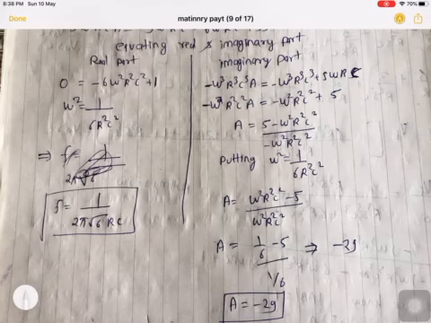Now since we know omega square from this is 1 upon 6 R square C square, putting this value, it comes out to be minus 29. So it means the amplifier gain is minus 29 for the common emitter RC phase shift oscillator, and its frequency of oscillation is f equals 1 upon 2 pi root 6 RC.